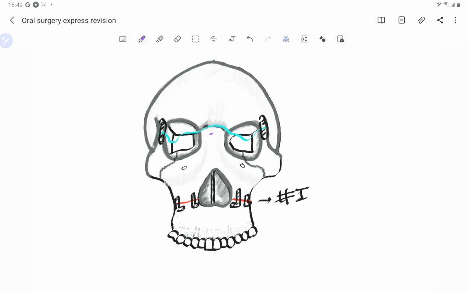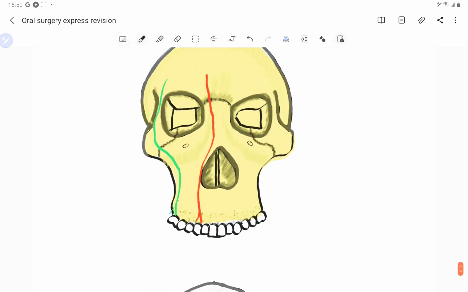So Lefort 2 fracture is something like this, right? Pyramidal shape. So here we can put a plate using this pterygomaxillary buttress, right?